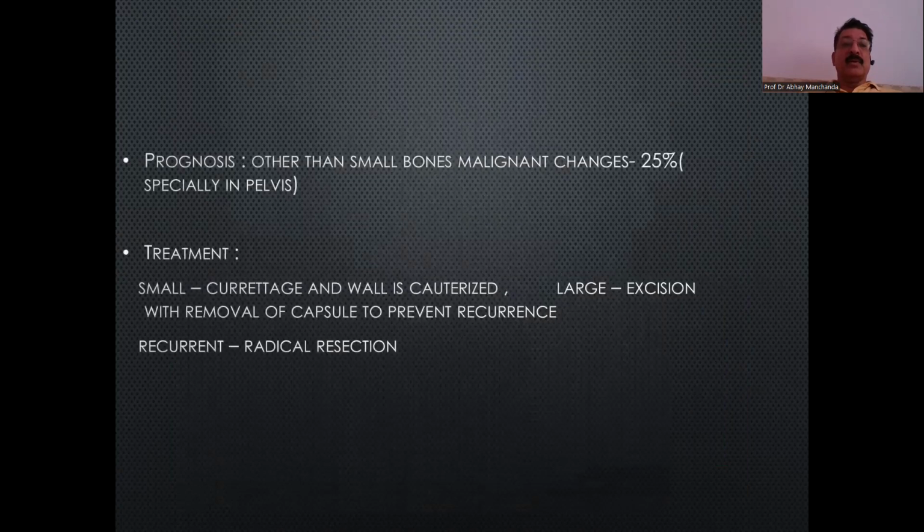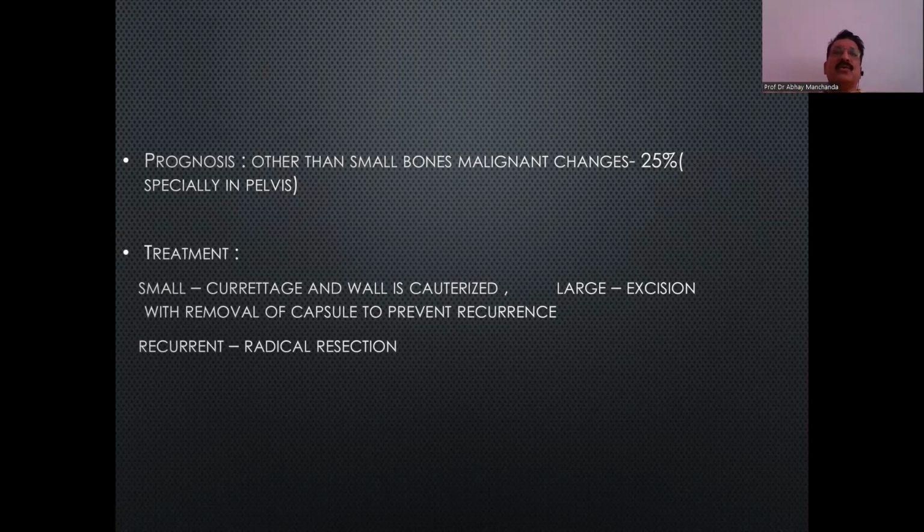Here again, enchondroma. When it is in the pelvis, there is a 25% chance that it can convert into malignancy. But in small bones, it usually does not convert into malignancy.